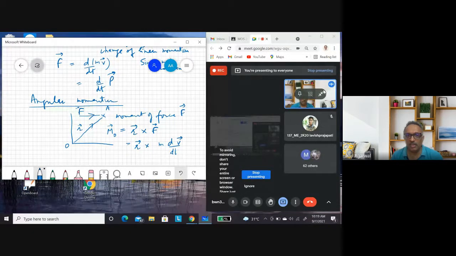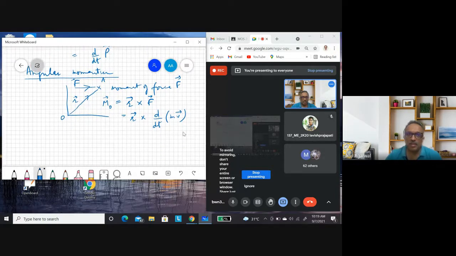Or we could have directly done it as d by dt of linear momentum. Now we can replace it with d by dt of r cross mv.